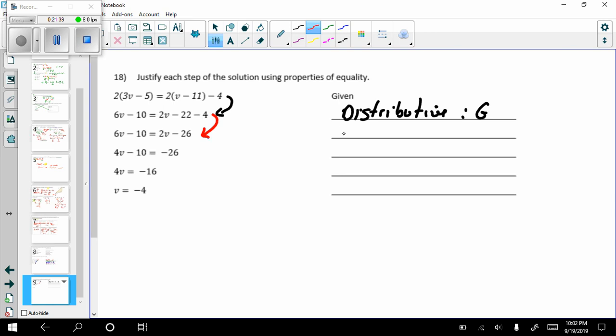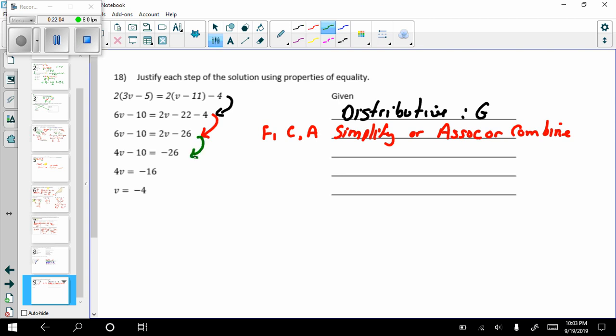So I would have taken simplify or associative or combine like terms. So the letters that would have been okay here would have been F, C, or A. Any of those would have been fine, and I gave you credit for it.